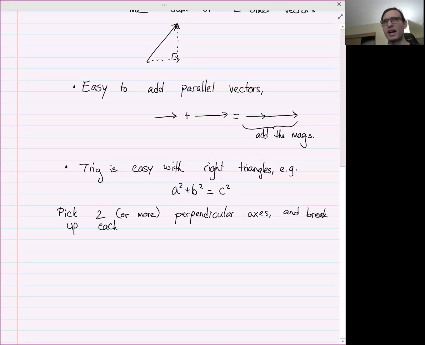So we're talking about how you easily handle adding up two vectors. You break up each vector into the sum of vectors pointing along those axes.